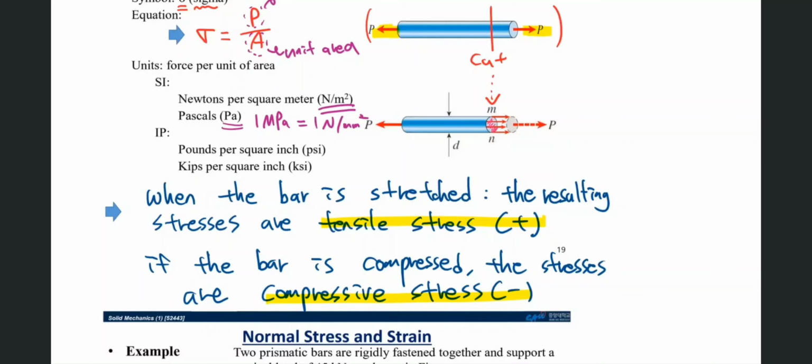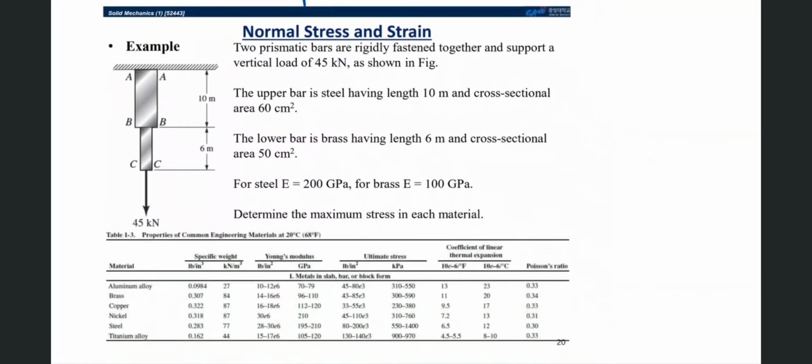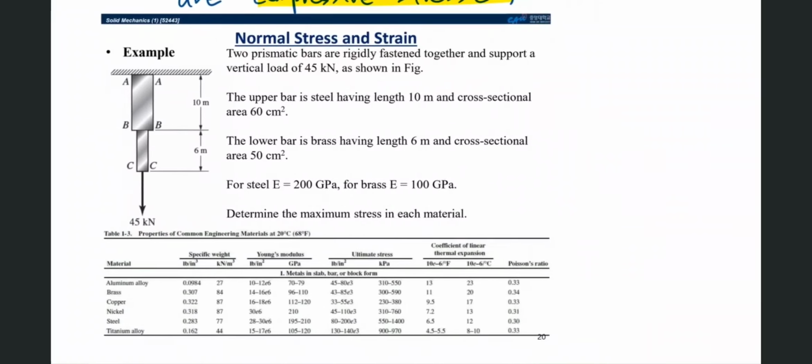Then using this concept, we can solve one example. Here you can see two prismatic bars rigidly fastened together, supporting a vertical load of 45 kilonewton.